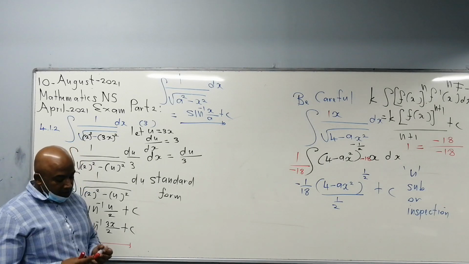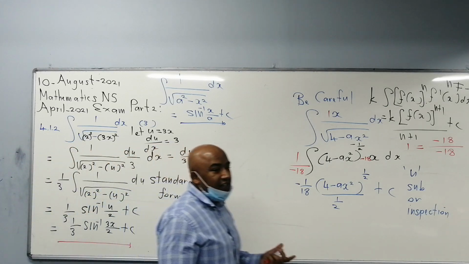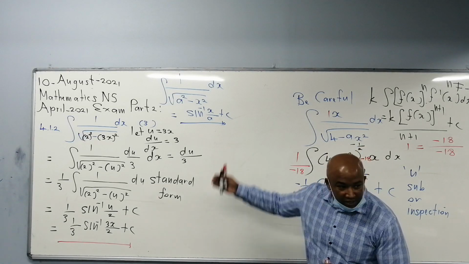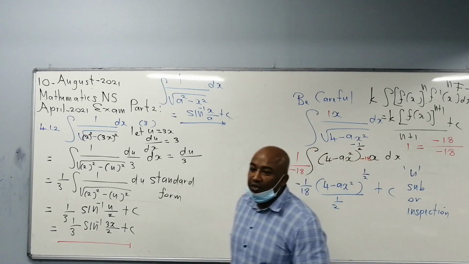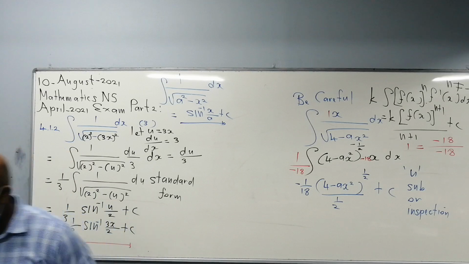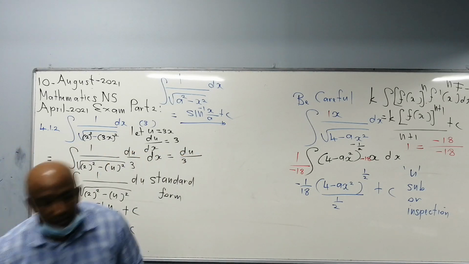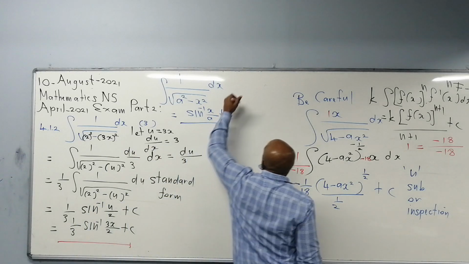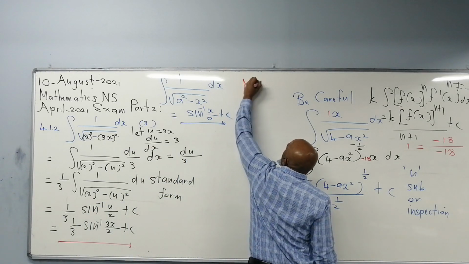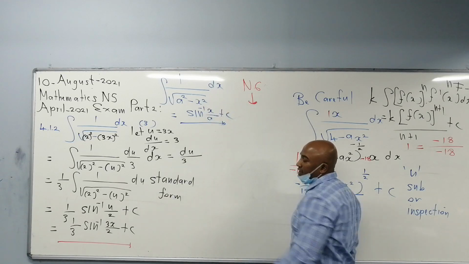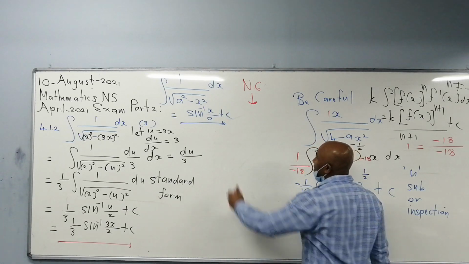Now before you copy this down, let me just show you how it's given to you in N6. If you want to try and avoid the U-substitution technique, then there's one thing you need to memorize. Let me just write it down here. So in the N6 formula sheets, you do not have to do it the long way, like I said.